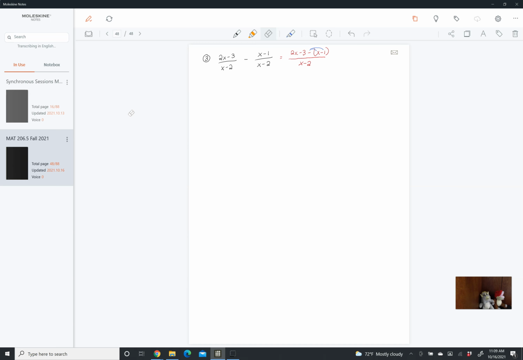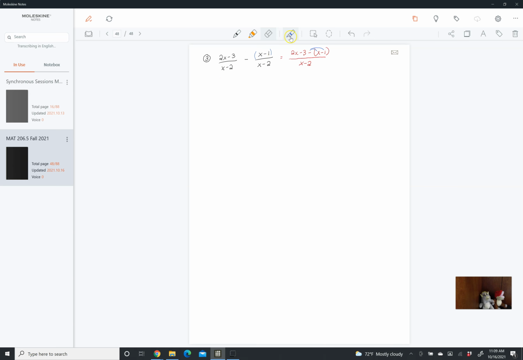Do not forget to distribute the negative sign. That's the biggest mistake that people make on these problems, is they forget when they're subtracting that that negative sign needs to be distributed. This x minus 1 is in invisible parentheses, so you are subtracting the whole x minus 1, not just the x.